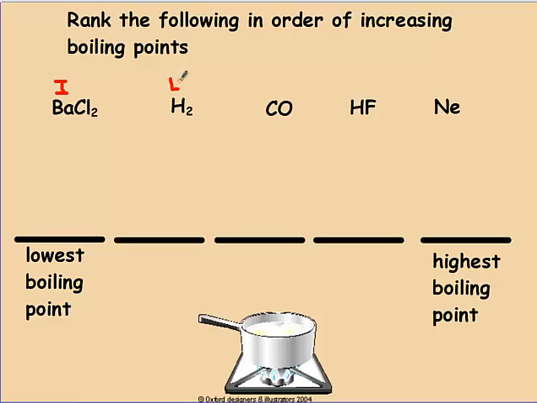We have London dispersion, because it's nonpolar. This is a polar molecule, but it's not hydrogen bonded, so it's dipole-dipole. HF is hydrogen bonded. And neon is also nonpolar, so London dispersion.